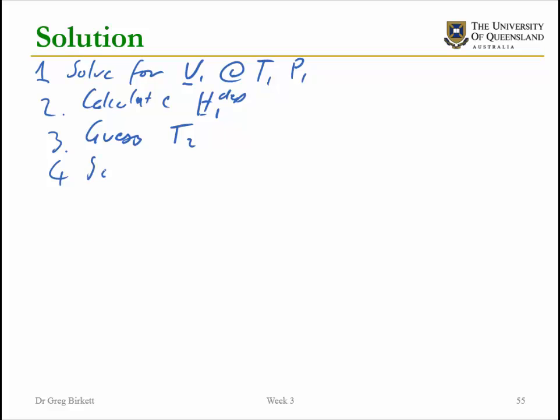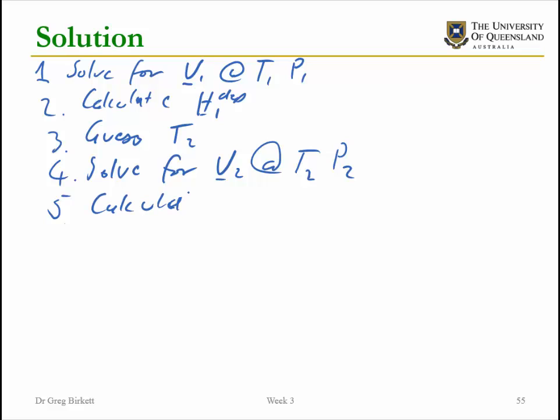Then we can solve using MATLAB or Excel for the volume at 2, at T2 and P2. Once we've done that, we can calculate the departure function at condition 2.